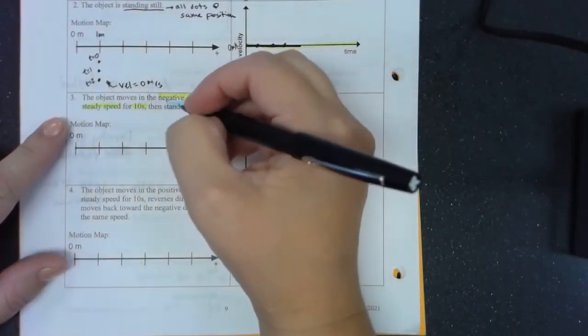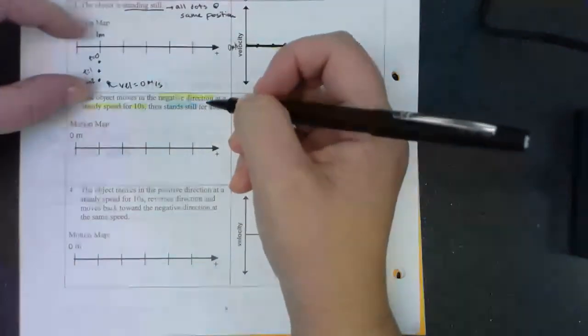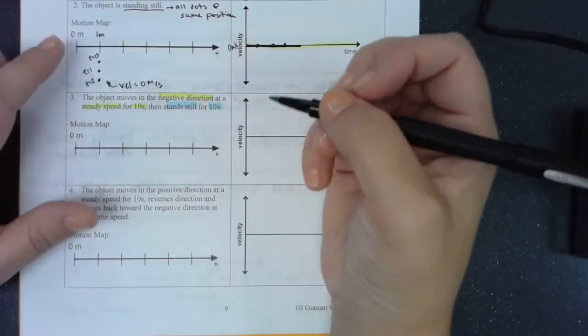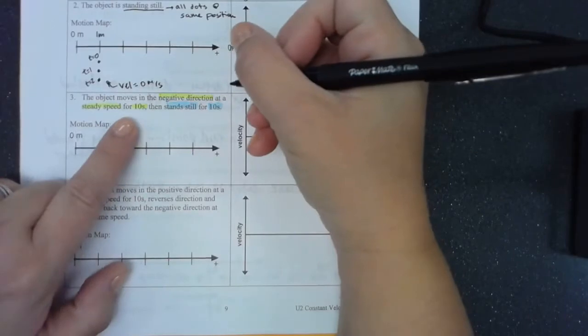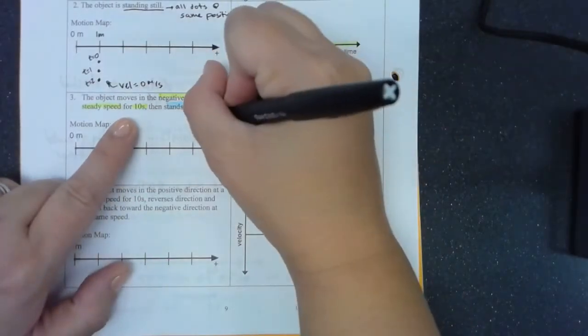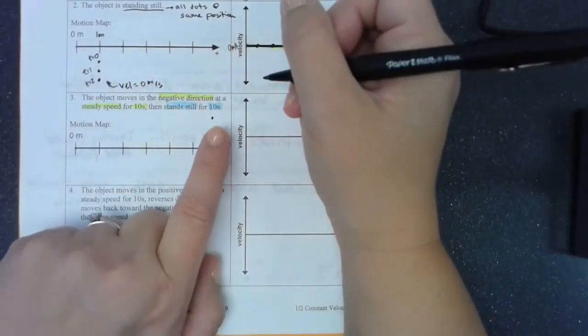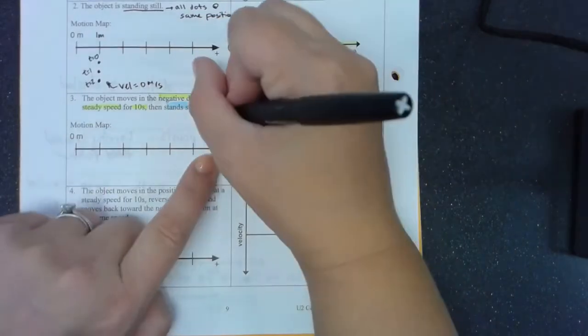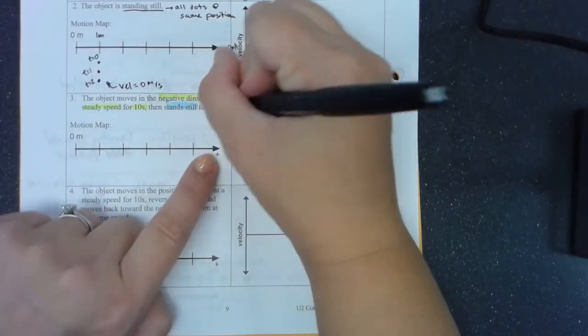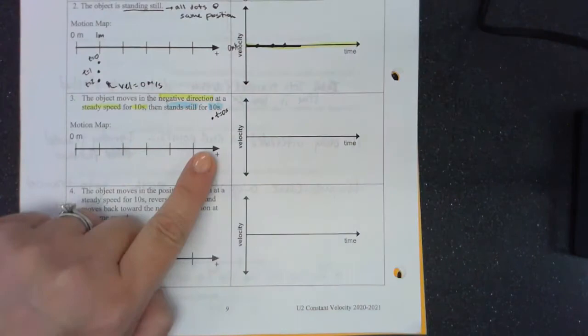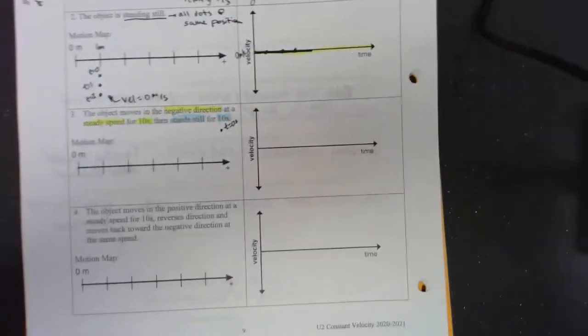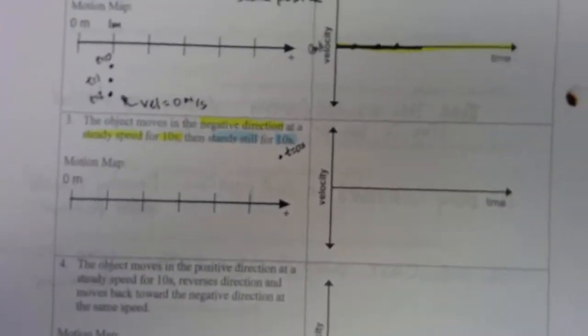And because I know I'm standing still for 10 seconds, I'm going to have to stack some. I'm going to start my dots on the top here. So 10 seconds at a steady speed in the negative direction means I'm going to have to start all the way on this side because I want them to go negative. I'm going to label that time equals 0 seconds so that anybody looking at that knows that that's where I started.